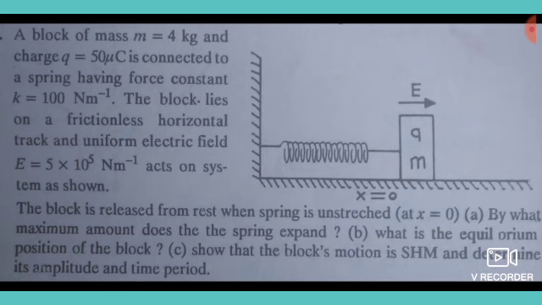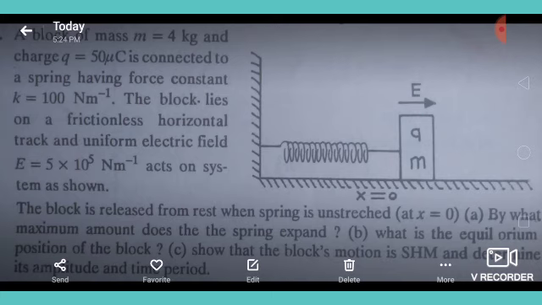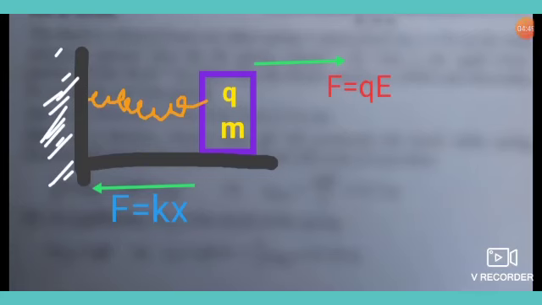The second bit, B: what is the equilibrium position of the block? To calculate this, at the equilibrium position the right side force F = qE and the left side force F = kx are equal and opposite.